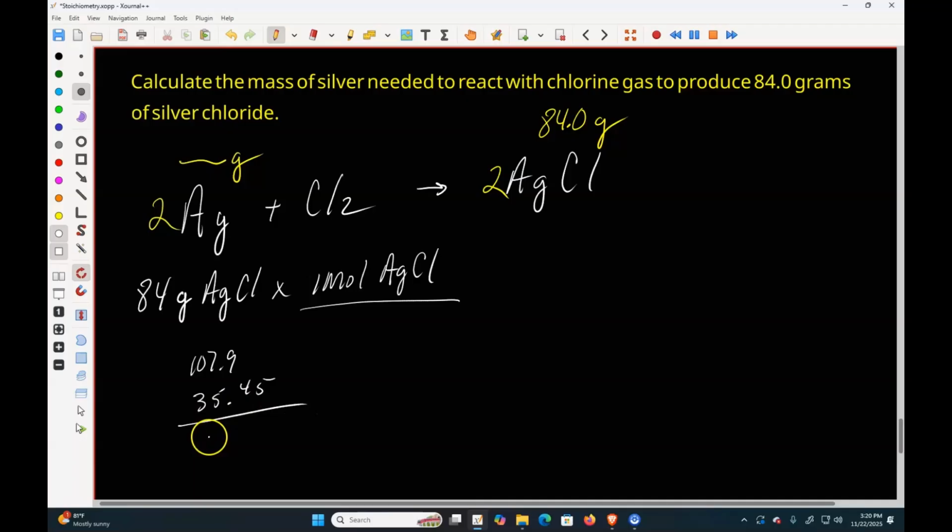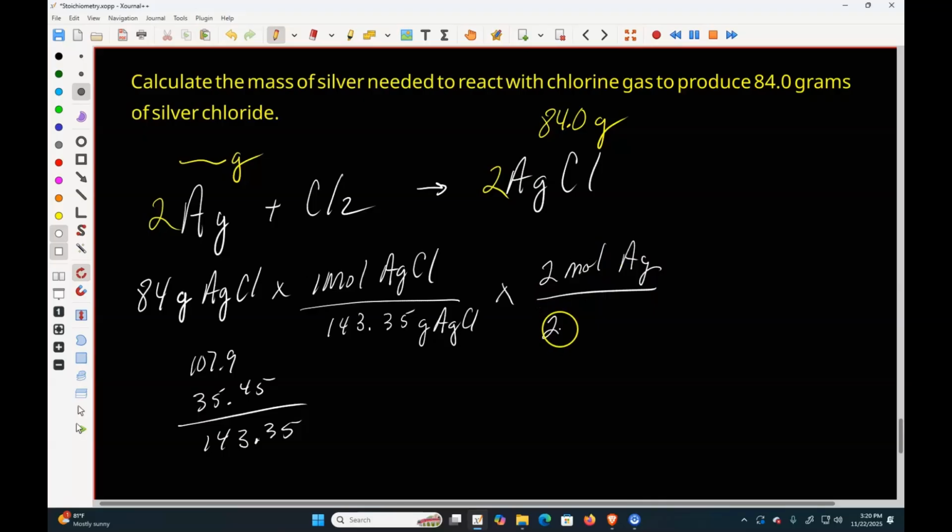That adds up to be 143.35. Times my ratio step, I have 2 moles of silver over 2 moles silver chloride.